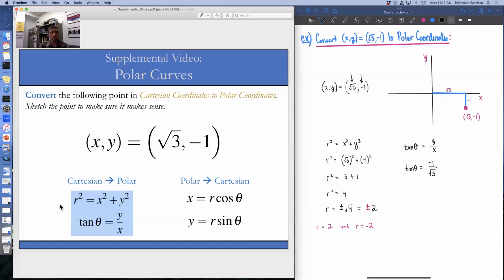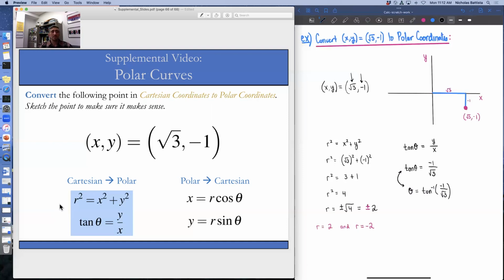So what we're looking for here is the theta value whose tangent is equal to -1 over the square root of 3. Another way we can say this using inverse trig is theta is equal to the arctangent of -1 over the square root of 3. So we're asking for the angle whose tangent is equal to -1 over the square root of 3.